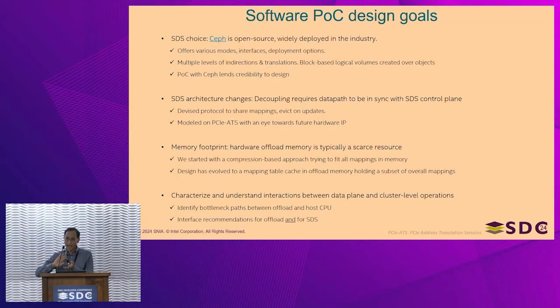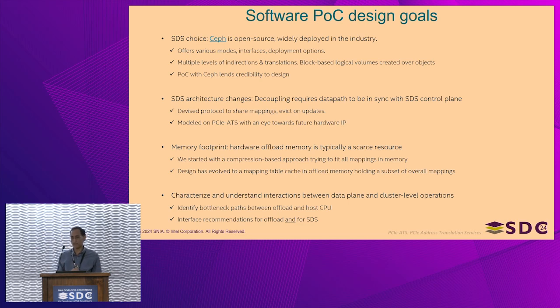So that aspect of the communication is also possible. And we modeled this protocol on the PCIe address translation services, again, with an eye towards future hardware IP, if we can push this direction further.